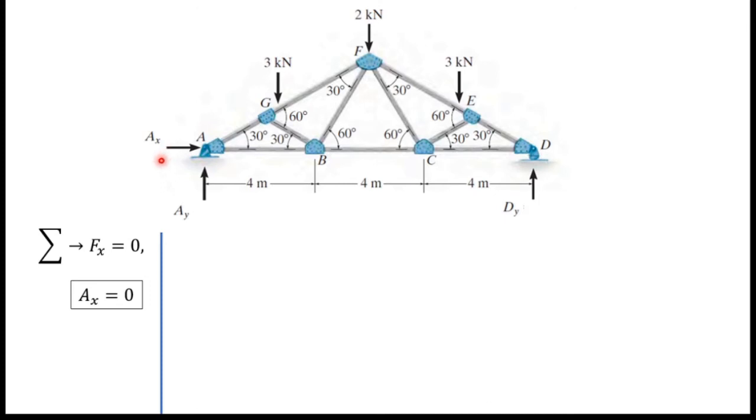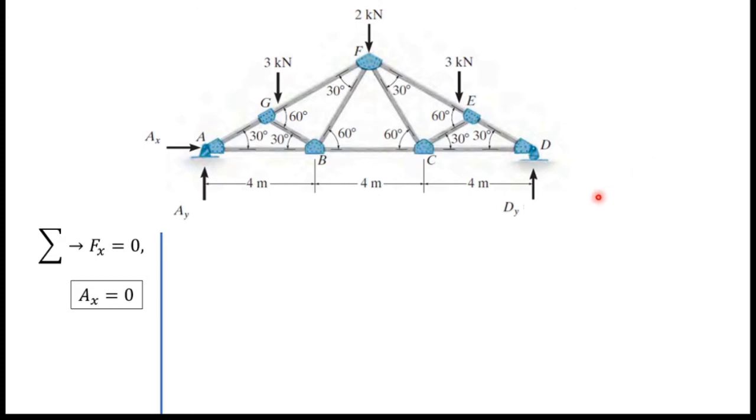Now if you closely observe this truss, you will see there is a symmetry in this truss. You can see there are 3 kilonewton forces on both sides, and at the middle of the truss there is a 2 kilonewton force, and there are support reactions on both sides, right?